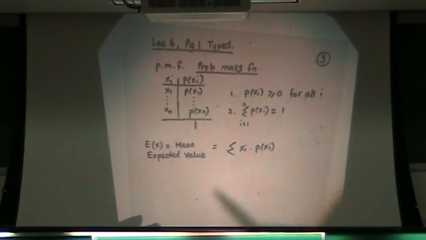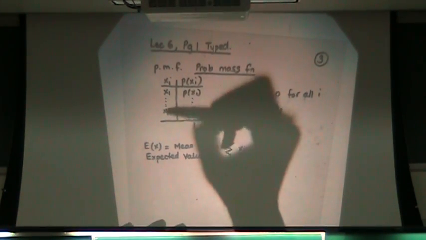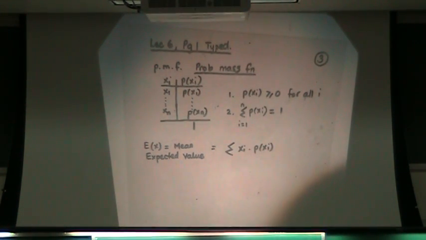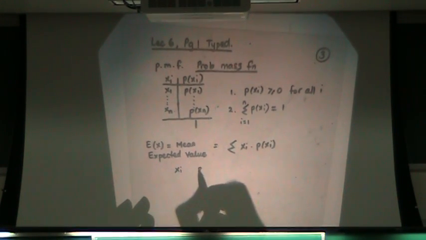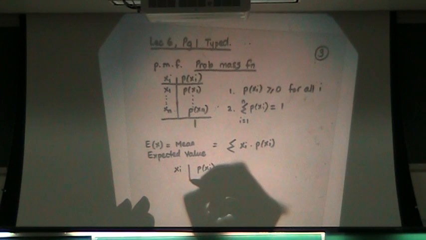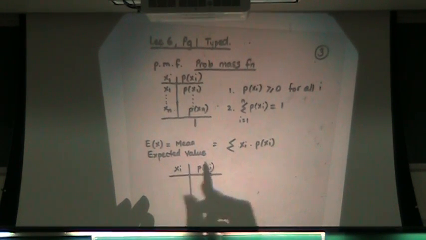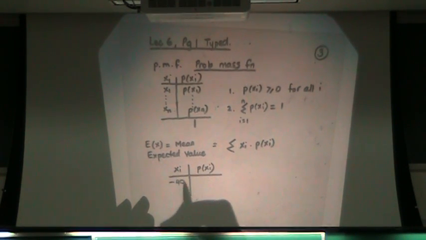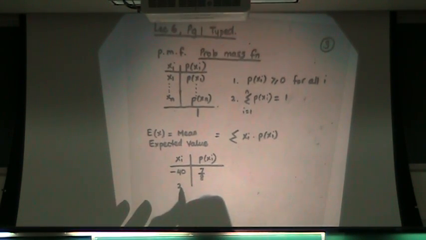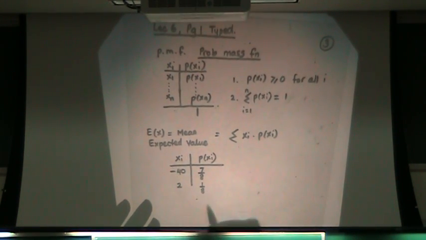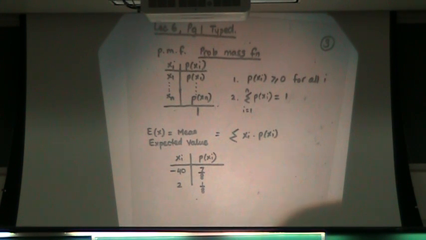So you see, I have a bunch of values here, right? Let me make up some function. How about something like this: minus 40 with probability 7/8 and plus 2 with probability 1/8. Here's my probability mass function.